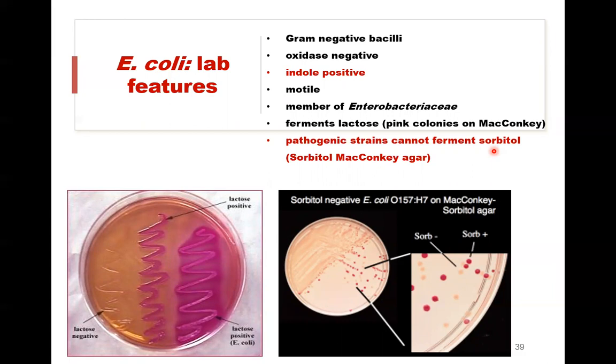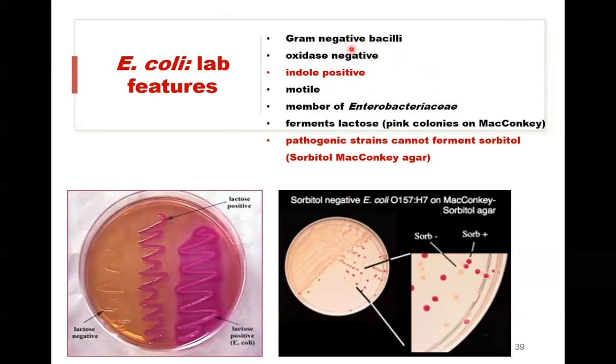This particular strain of E. coli has a peculiar metabolic characteristic. It cannot ferment sorbitol. So if you are thinking that this patient has infection due to E. coli O157:H7, you can send samples to the lab.